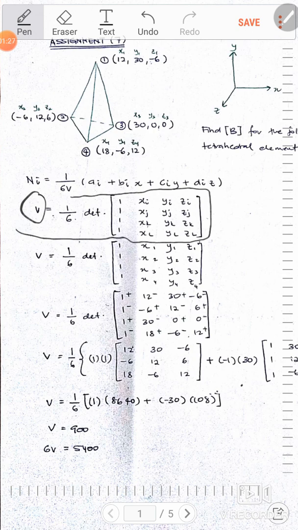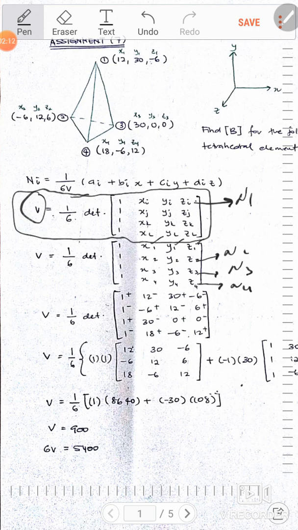This is the general rule of V, and each row takes one node of the element. For this example, this row is for node number 1, so it contains x1, y1, z1. Here is node number 2, node number 3 and node number 4.